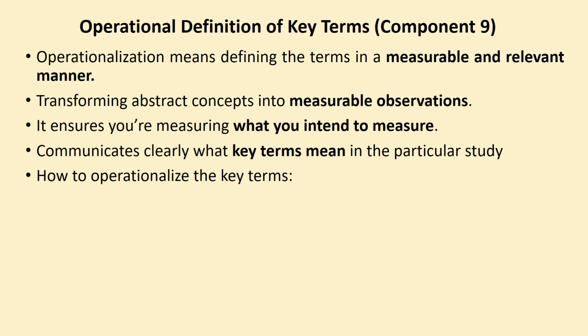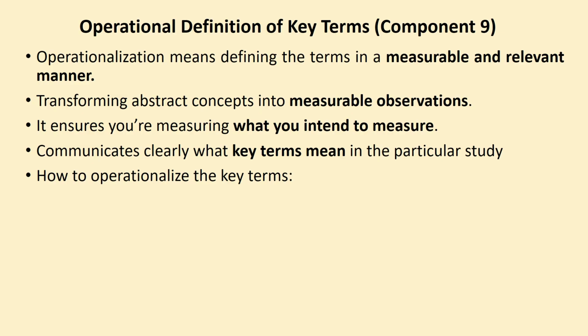Abstract means which is not understood by the person in a way as it should be, or it is not concrete to the system, so you have to make it measurable. Measurable in a sense that how you are going to measure some particular term or variable in your research.